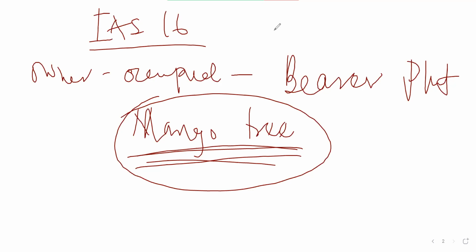All those plants that will be used in the production of another product are classified as property, plant, and equipment. If you have a mango tree, we are going to account for it using property, plant, and equipment. If you have an orange tree, it will be accounted for using property, plant, and equipment.